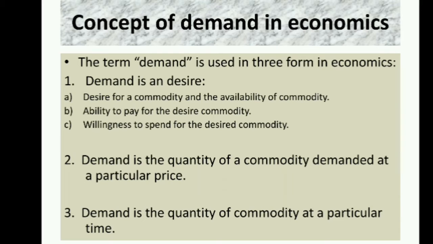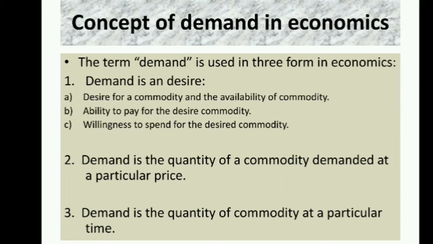But having an effective desire is not enough to say this is demand. It is only part of demand. So, the first important point is that demand is an effective desire.